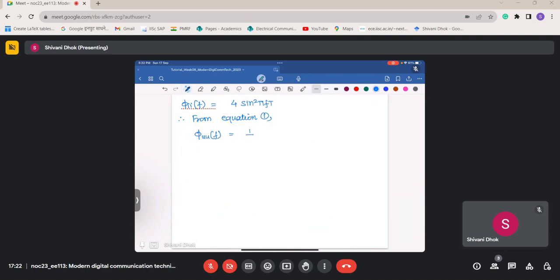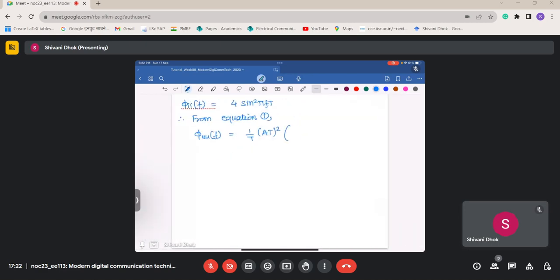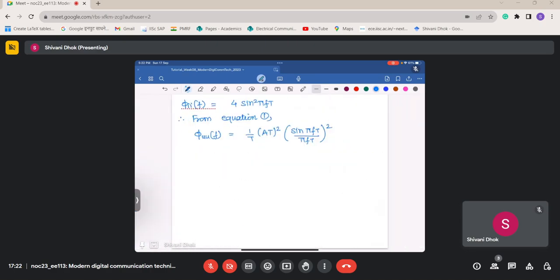is equal to 1 by T square, sine pi ft upon pi ft whole square, multiplied by phi I of u, so that comes out to be multiplied by 4 times sine square pi f.